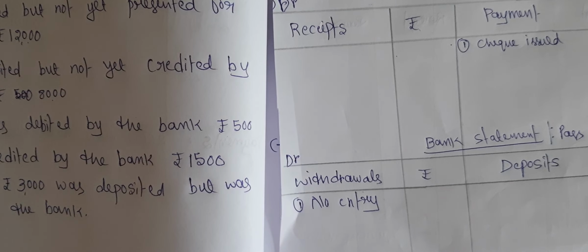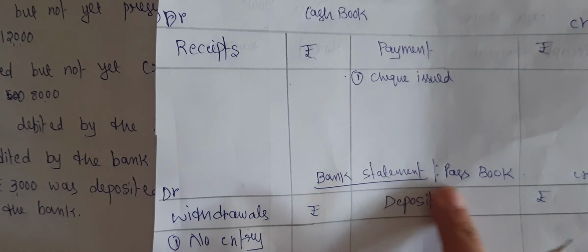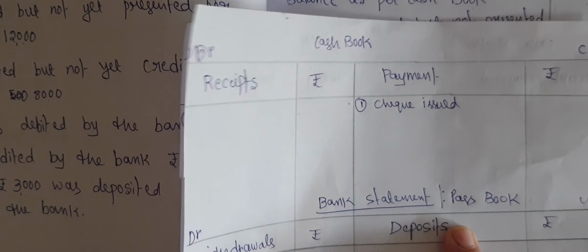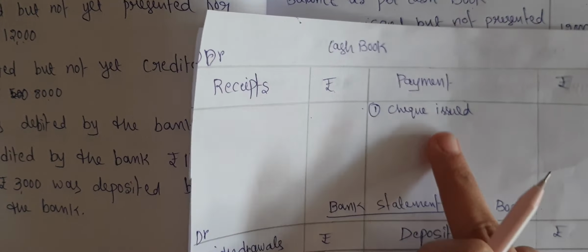And the second step, compare the cash book and passbook. Here the cash book balance is less compared to the passbook. Why? Because they have issued the check, so their cash balance is less than the passbook.